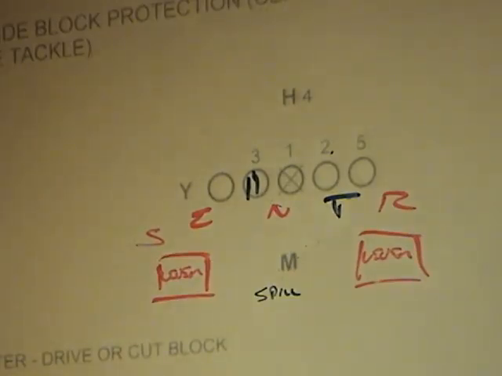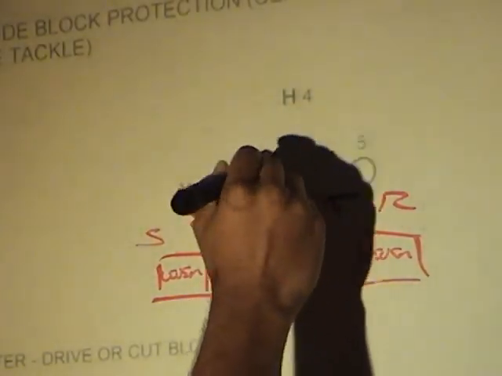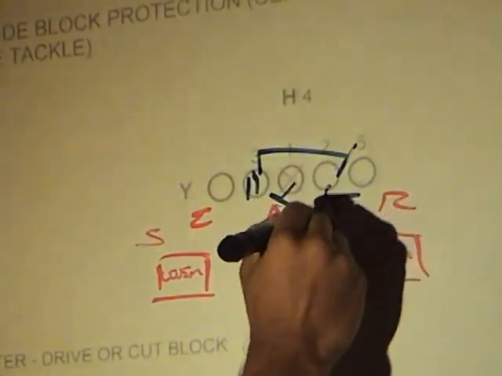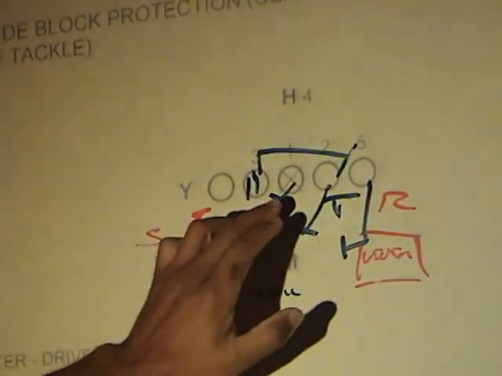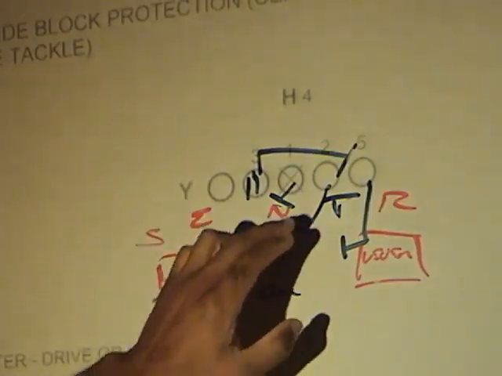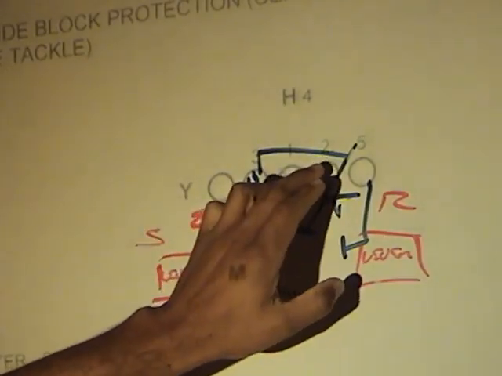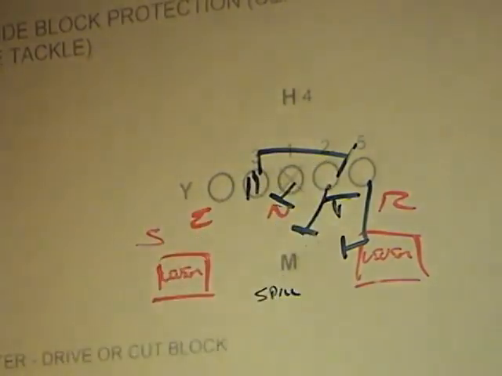Now, what we want to talk about is a trap block to the 3 technique. The majority of the teams in our conference will trap 3 techniques, and so the blocking scheme will be as follows here. If I'm seeing the center block back of the nose, my eyes go to the guard, and he is veering for me right now.